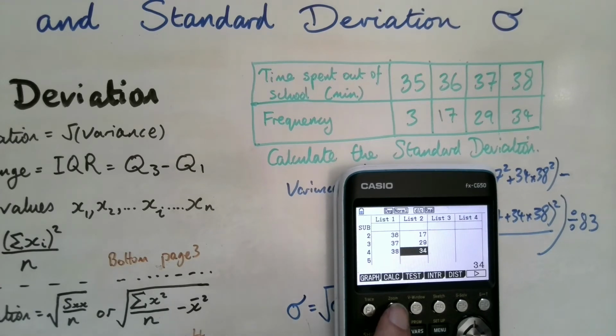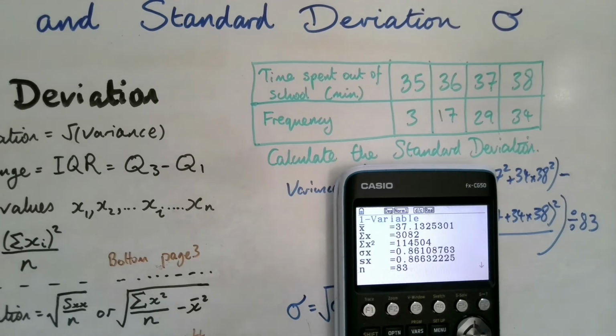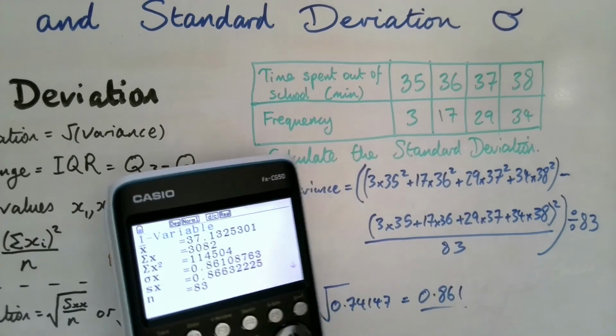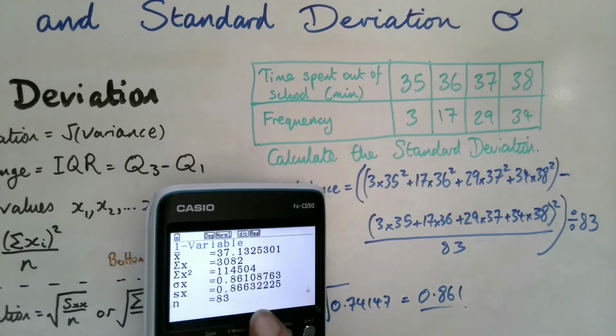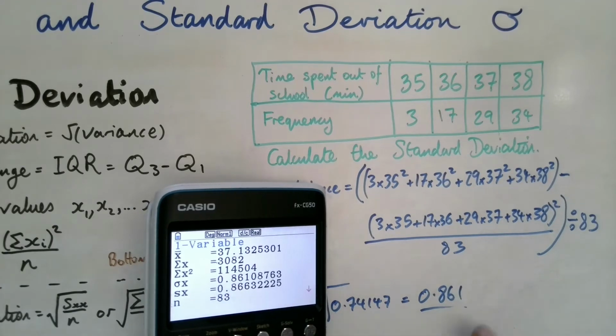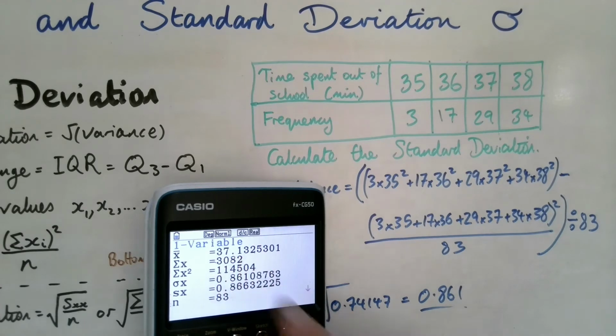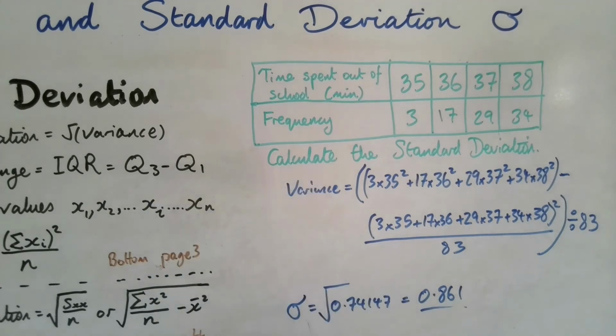Right, now press calculate, then 1 var, and we should find the same number that we just got there, the standard deviation being 0.861. Happy days, folks, and if you needed the mean, there it is, 37.13.